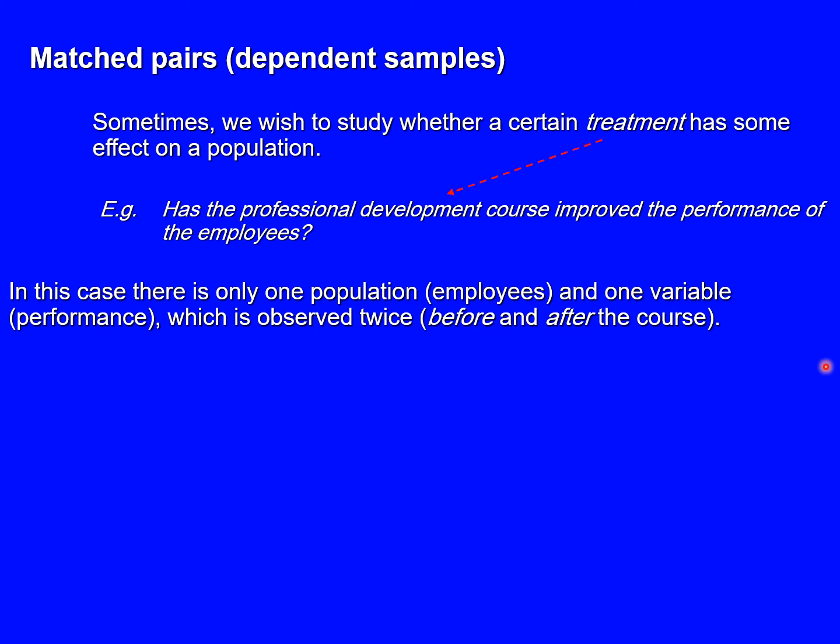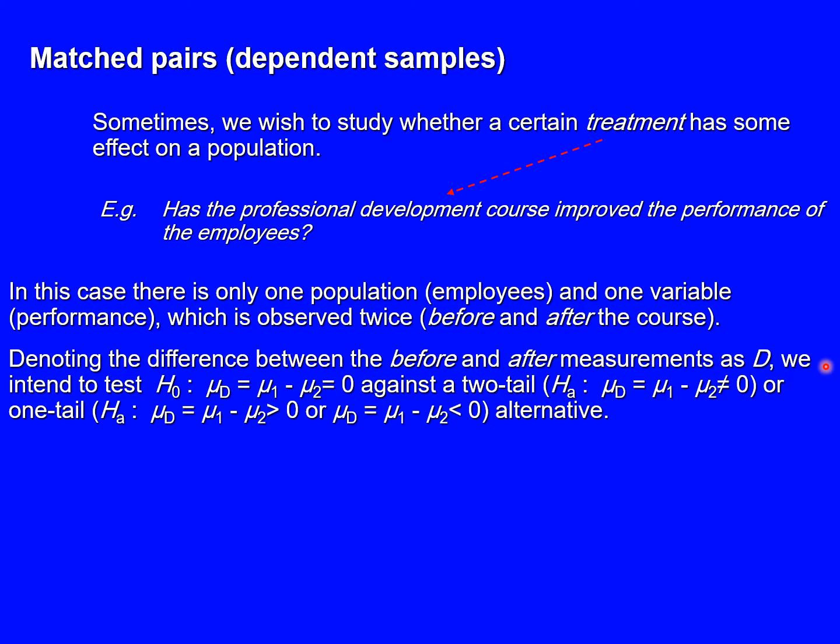We have a sample of 10 observations from the first sample, so we must have another 10 observations from the second sample, and we take the difference. We usually treat it as a one-sample test, but the variable is now the difference, not the measurement or the observation itself.